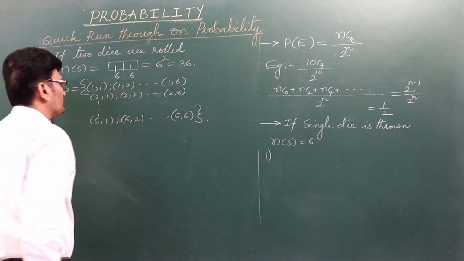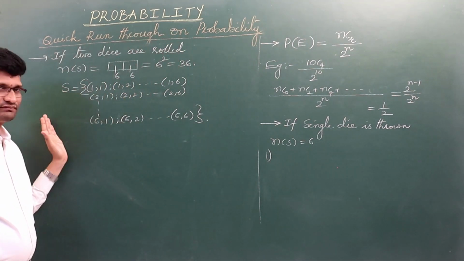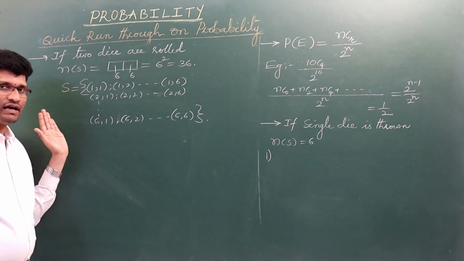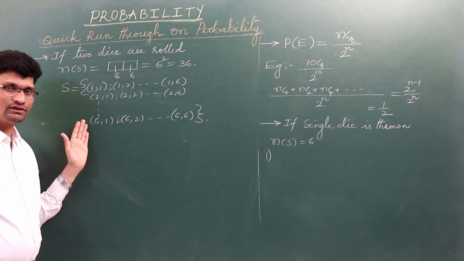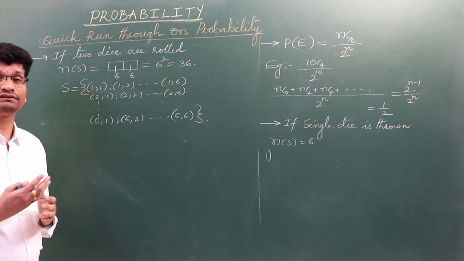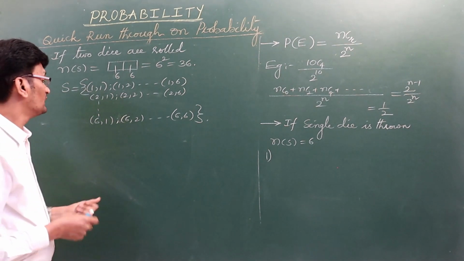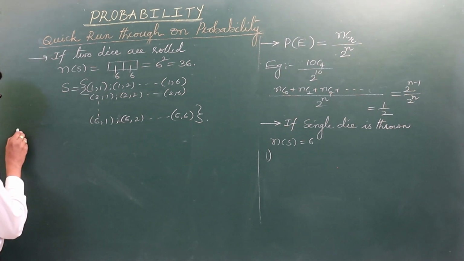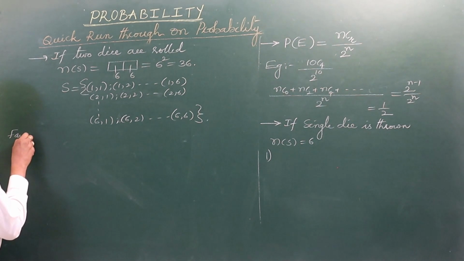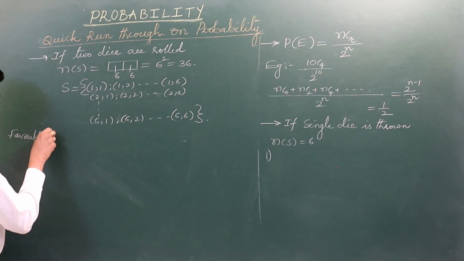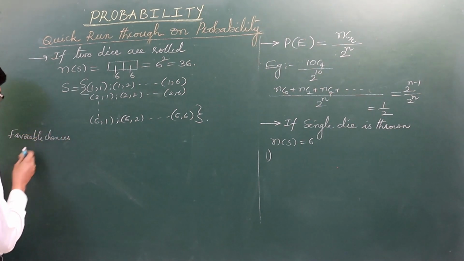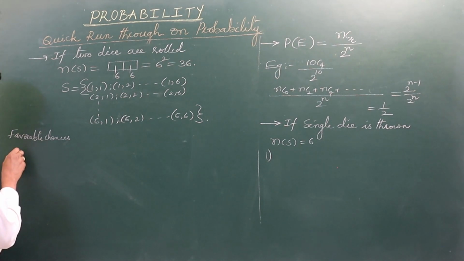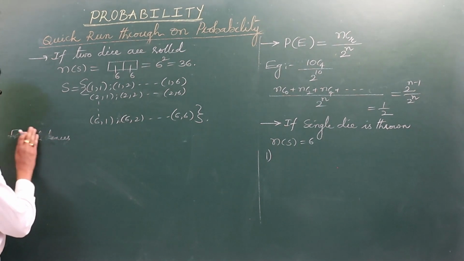Now, for this random experiment of rolling 2 dice, I gave one shortcut to collect the favorable chances for the event. Okay? So, favorable chances and sum of the points.